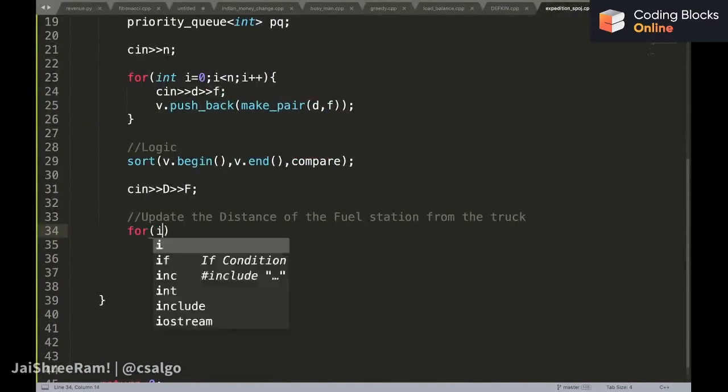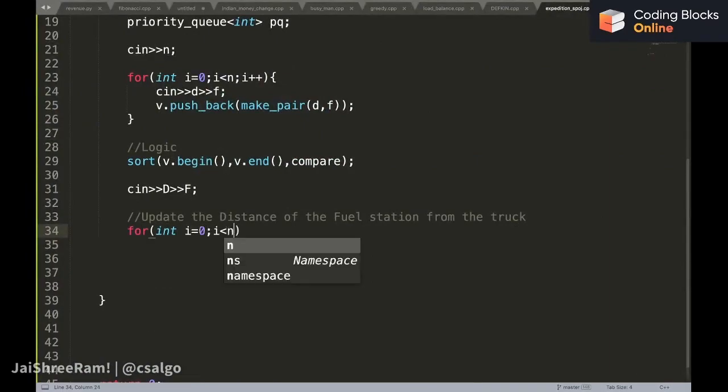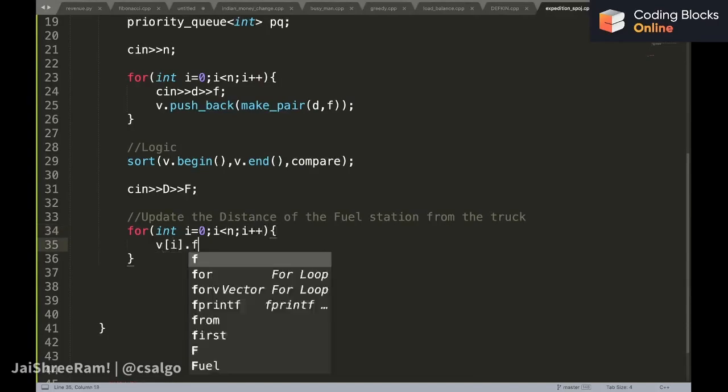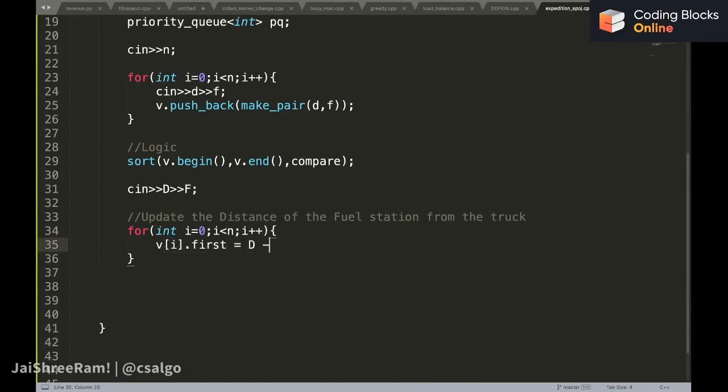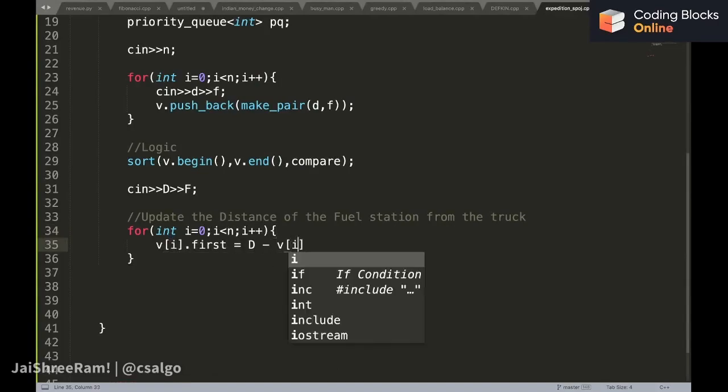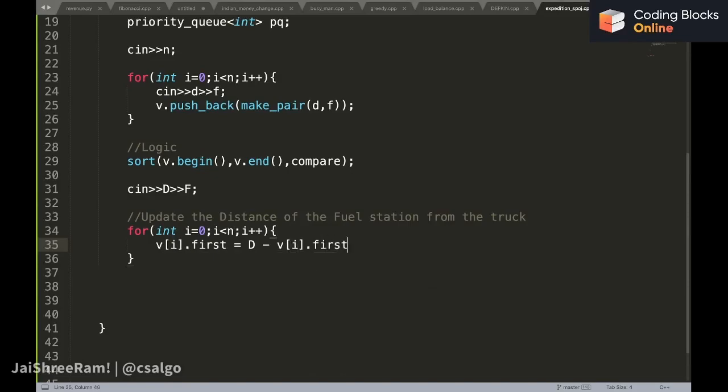So for int i equals 0, i less than n, i plus plus, I can say v of i dot first equals d minus v of i dot first. So that updates the distance of the fuel station from the truck, and it is also sorted because for the town we have done the reverse sorting.